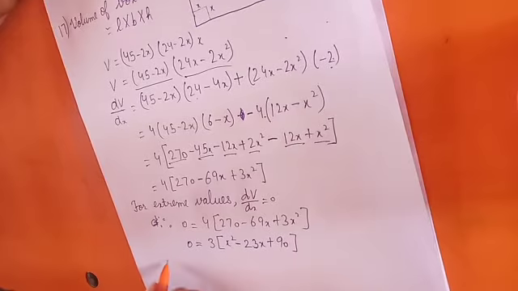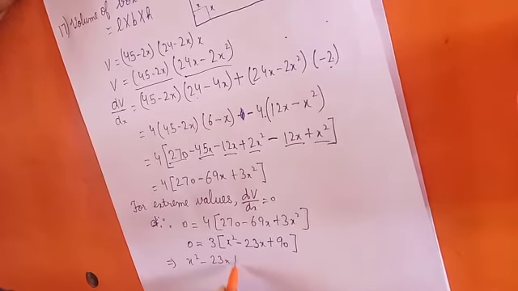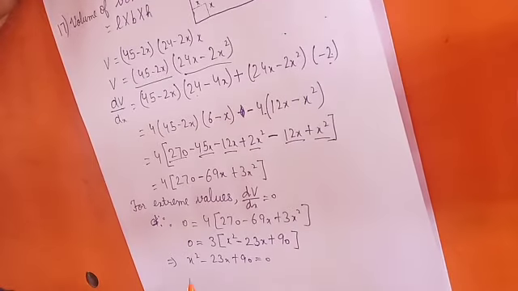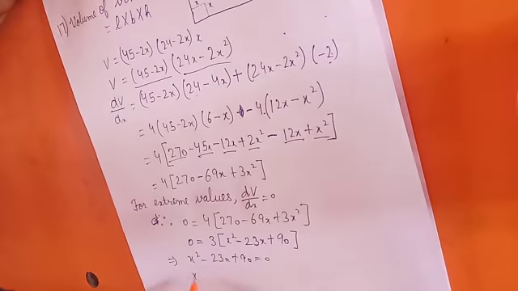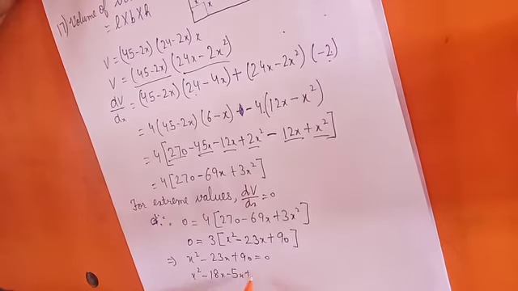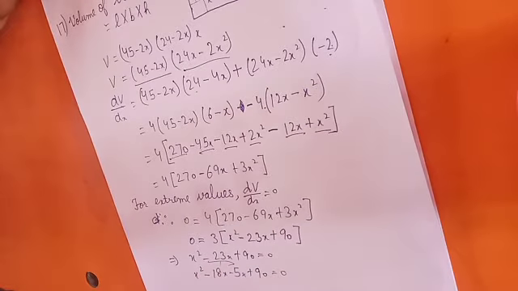So at last I got x square minus 23x plus 90 is equal to 0. Now I can split it by splitting the middle term: x square minus 18x minus 5x plus 90 equal to 0. Why have I written it this way?